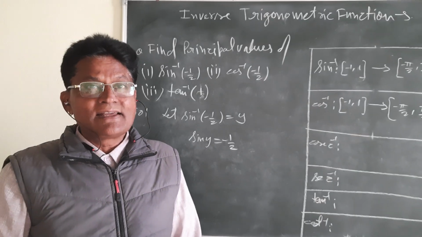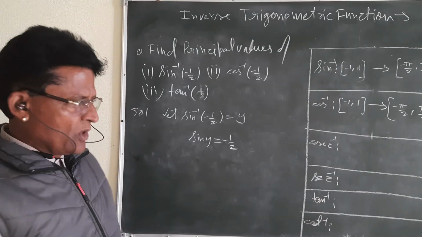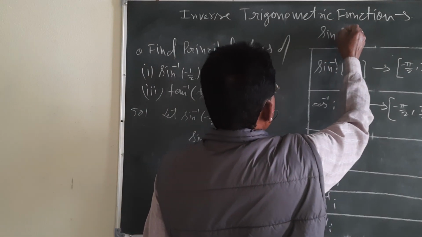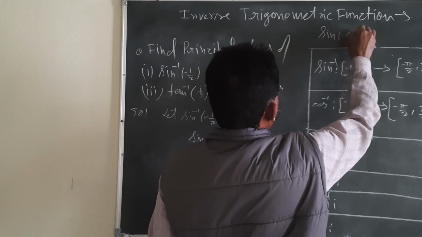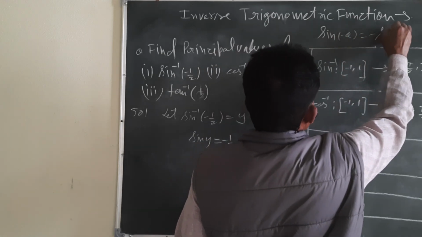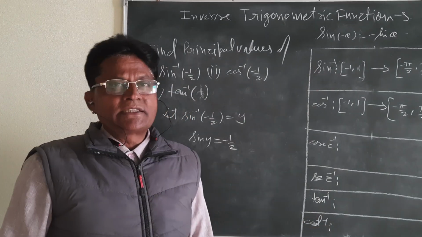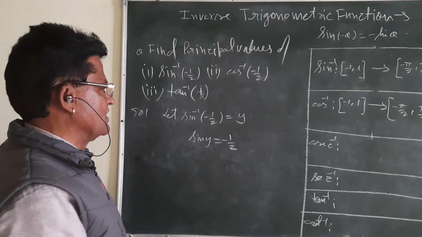Now the question arises. In class 11 you have studied, I am not going into the detail of it. If it is required, I will take the detail of it also. Sin minus theta will be equal to minus sin theta. You must keep in mind, similarly for other trigonometrical ratios also.